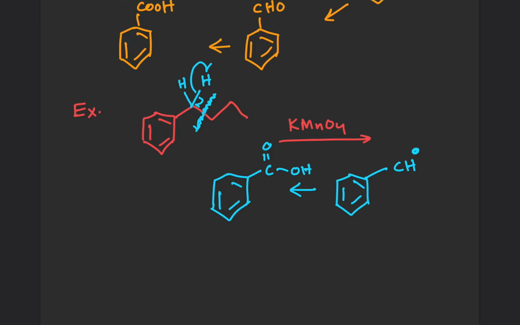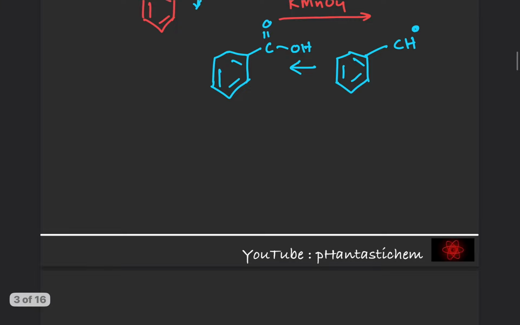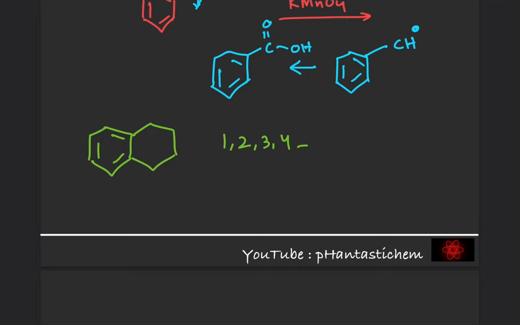So in our question we have the starting compound as this, that is a benzene ring fused with a hexagon. The name of this compound is 1,2,3,4-tetrahydronaphthalene.